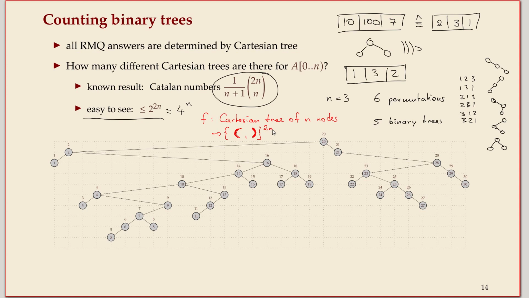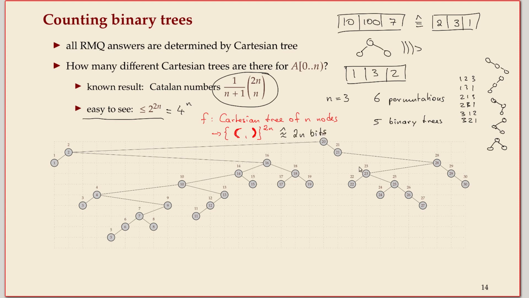Now, this function will be a valid encoding in the sense that no 2 Cartesian trees are mapped to the same string of balanced parentheses. And that means there's not more Cartesian trees than these strings. But these strings are really the same as bit strings of length 2n.